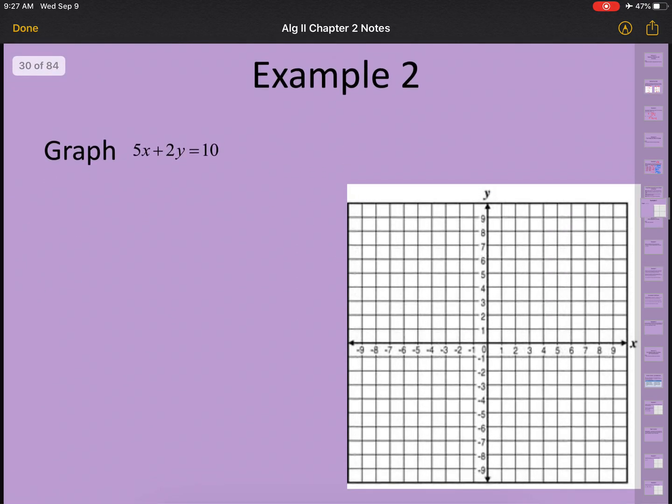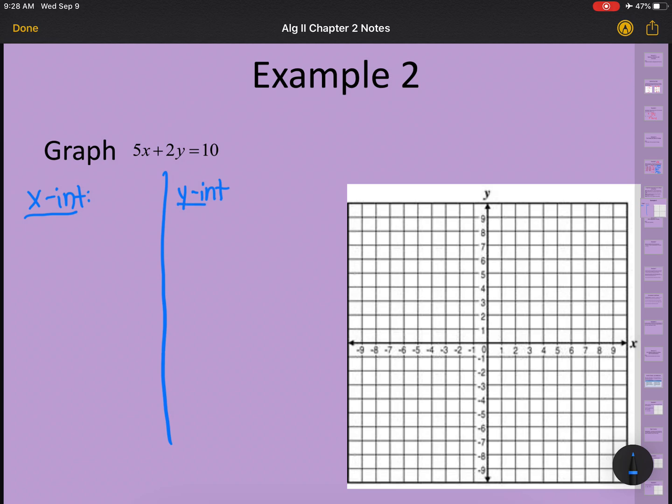In example 2, how we're going to graph this one is using our x and y intercepts. So what I'm going to do here is write x-intercept and then our y-intercept. To find the x-intercept, we're going to plug 0 in for y.